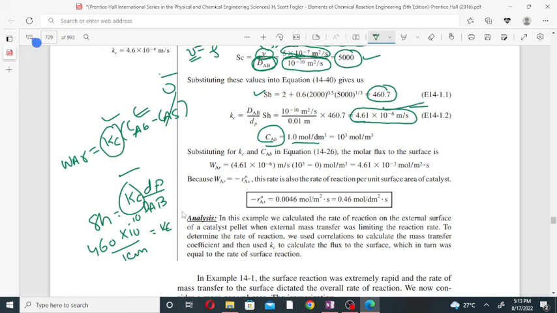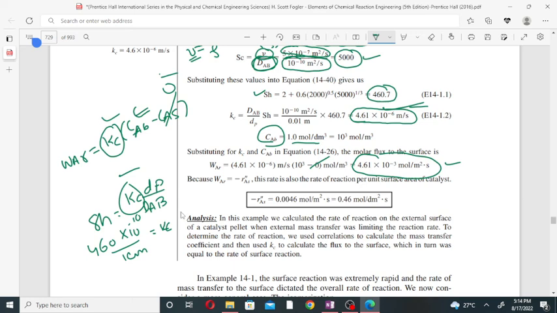Multiply this value with 1 molar, and you will get the flux of component A in the radial direction, which is this value, in mole per meter square per second. Now the flux in the radial direction is equal to the reaction rate at the surface of the catalyst. So WAR is equal to minus rS. This rate is also the rate of reaction per unit surface area of catalyst. So this flux is equal to the rate.